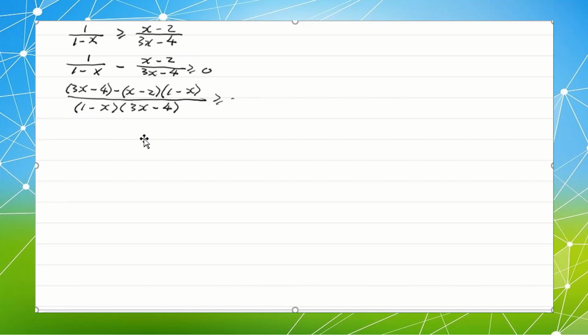Then we try to simplify the numerator, which means we need to expand x minus 2 with 1 minus x. And the denominator is unchanged.